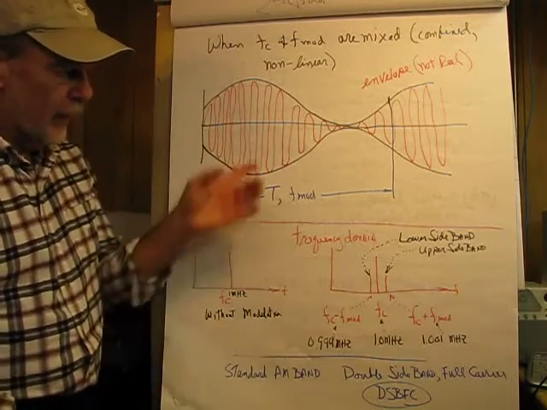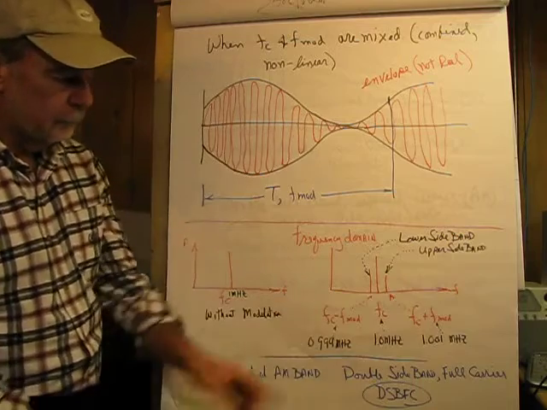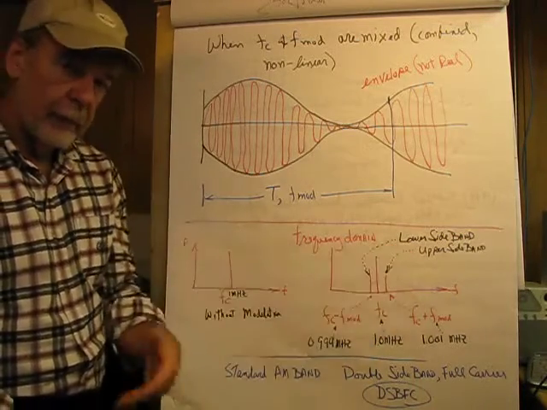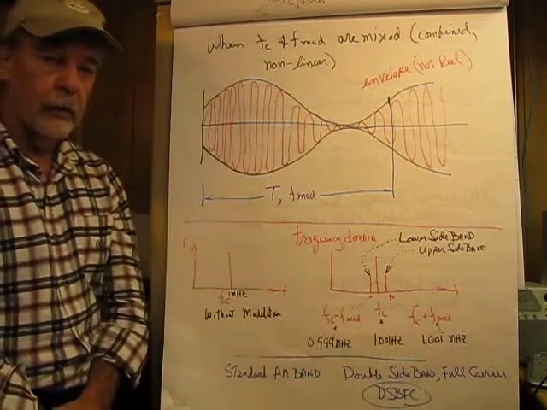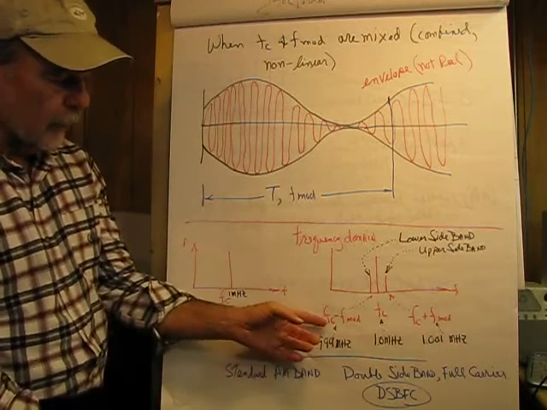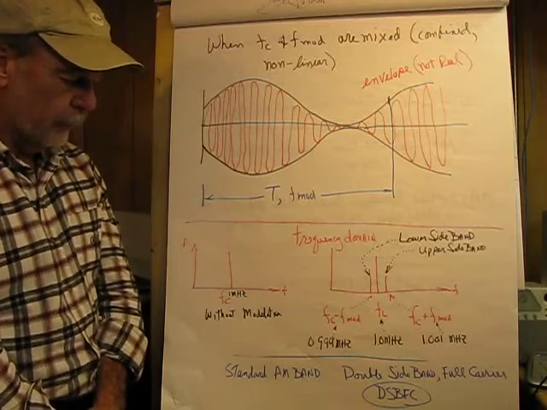And then if we modulate it like this, we're going to see 3 spectral spikes. One is called the upper side frequency, or the upper sideband, and it's simply equal to the carrier frequency plus the modulating frequency, and a lower sideband, the carrier frequency minus the modulating frequency.